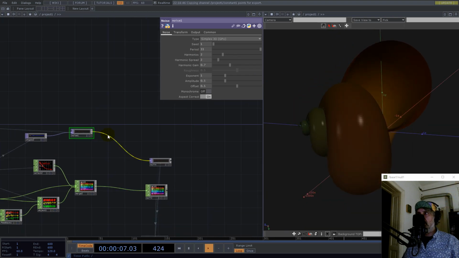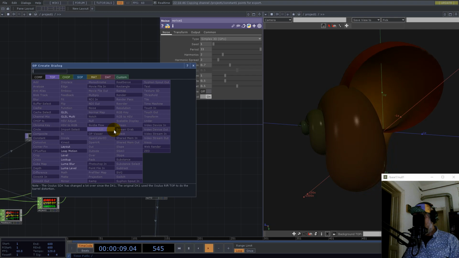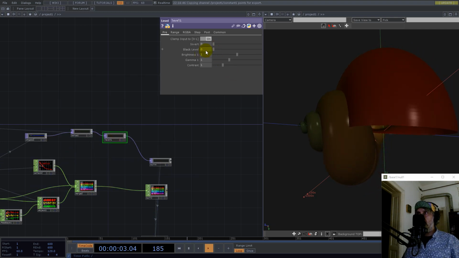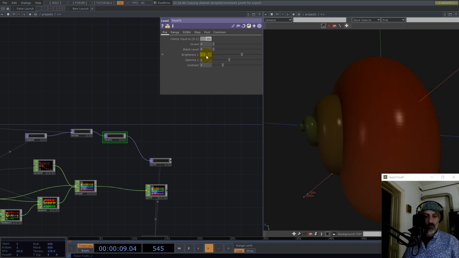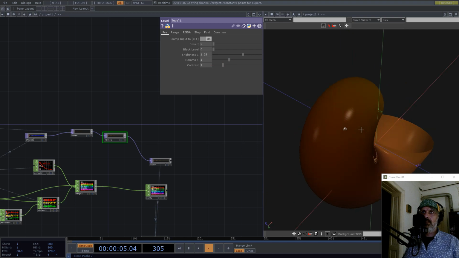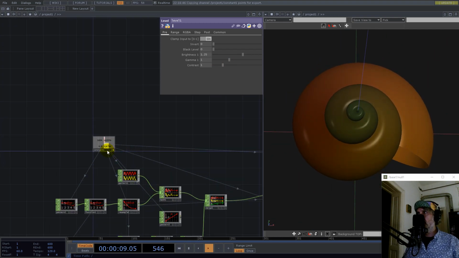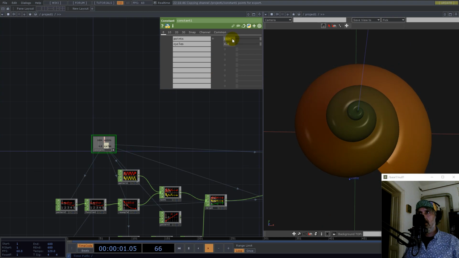Maybe a little level after, and the brightness, increase the brightness by 1.25 maybe. Now we get a much nicer shell, and now we can change those values.